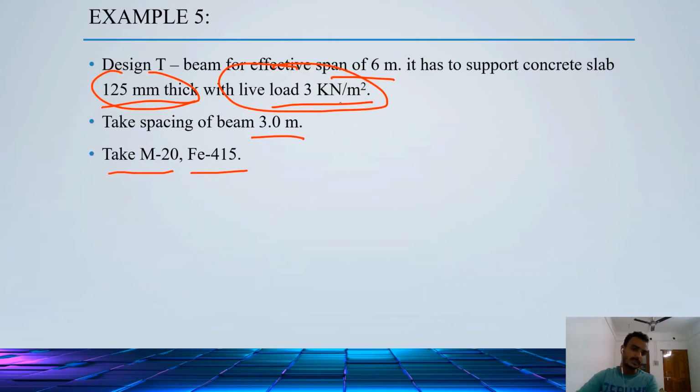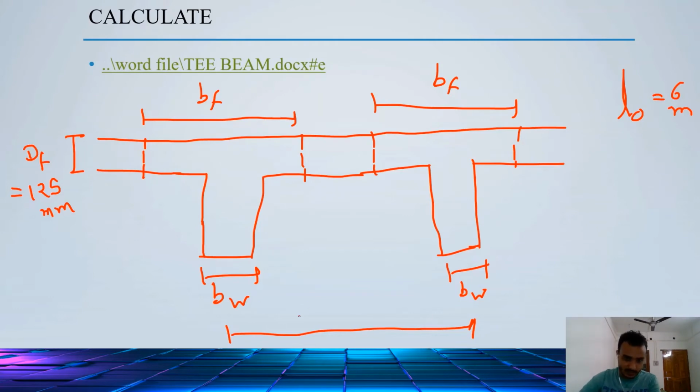Live load is 3 kN and spacing of beam is 3 meter, so I can put 3000 mm. Understood? Okay, this figure is completed. Pause the video and draw the figure carefully.